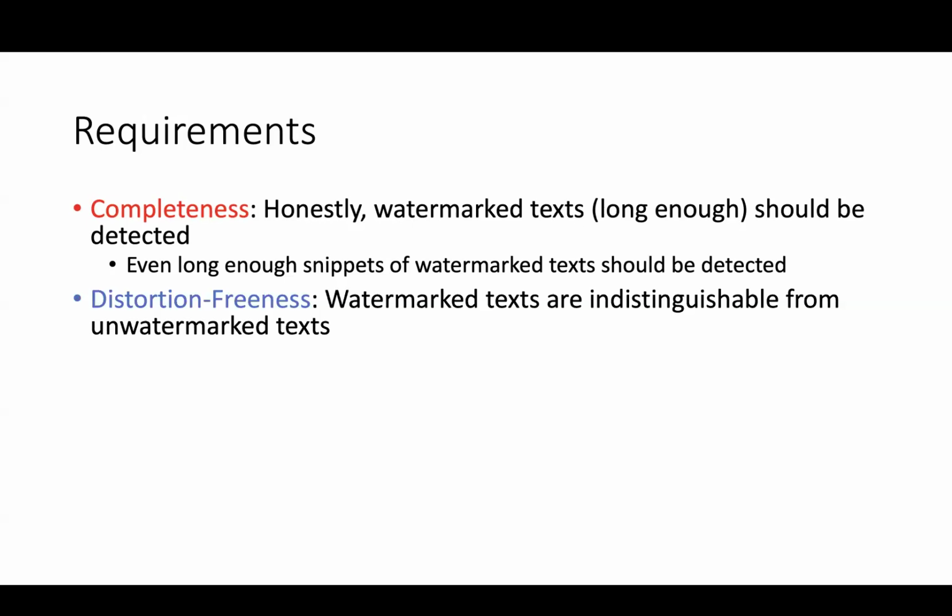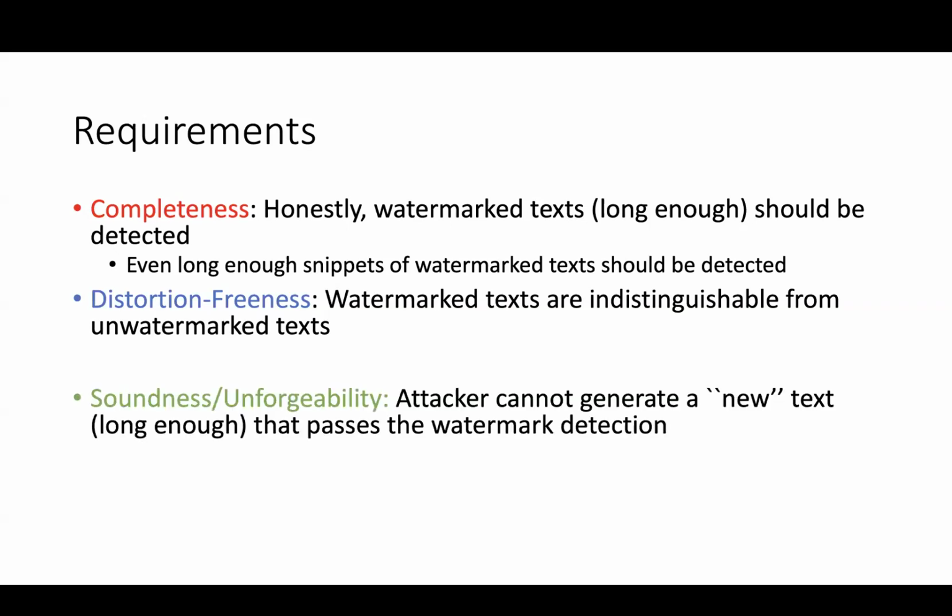Next, distortion freeness, like prior work: watermarked texts are indistinguishable from unwatermarked texts. We want soundness and unforgeability, which is different from prior work in the sense that now we have an attacker who gets access to multiple watermarked texts, and can observe them and try to glean whatever they can, and they should still not be able to come up with a new one.